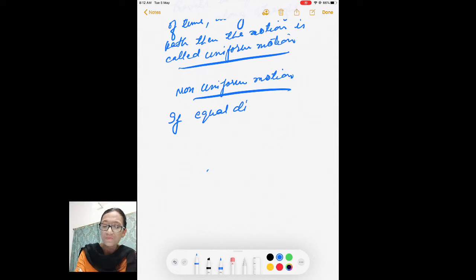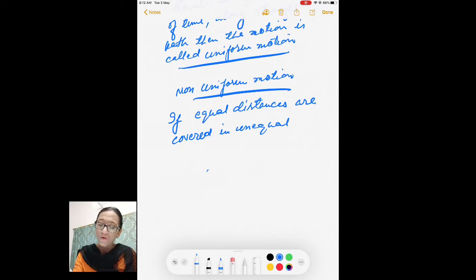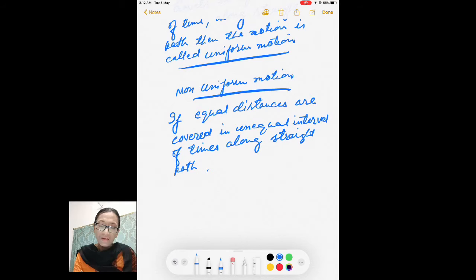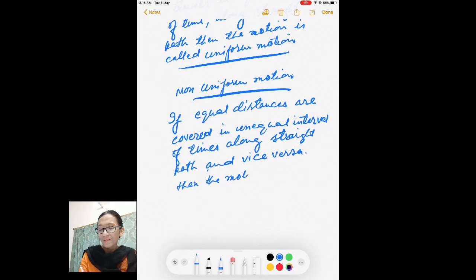Equal distances are covered in unequal interval of times along a straight path, and vice versa, means either equal distances in unequal interval of time or unequal distances in equal interval of time along a straight path, then the motion is called non-uniform motion.